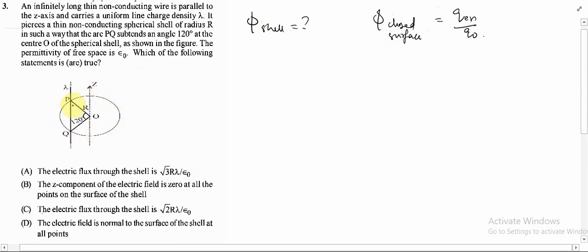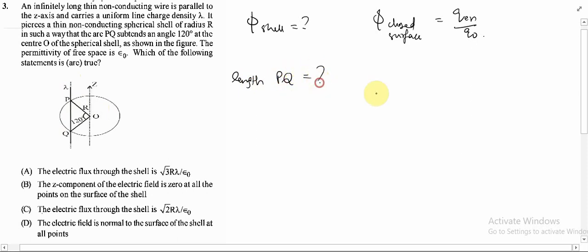The charge is given by this uniformly charged wire. This is an infinitely long wire, but only the line PQ is inside the spherical shell. Also, only the charge of PQ contributes to the flux of the spherical shell. So we have to find the length PQ.